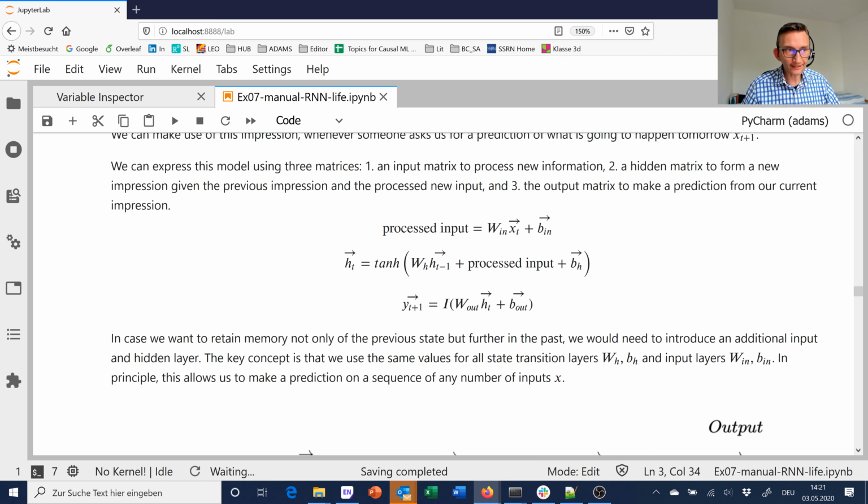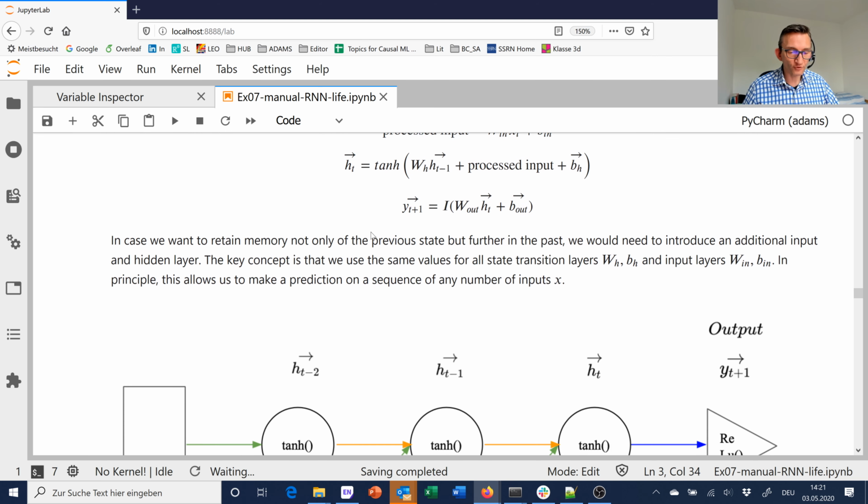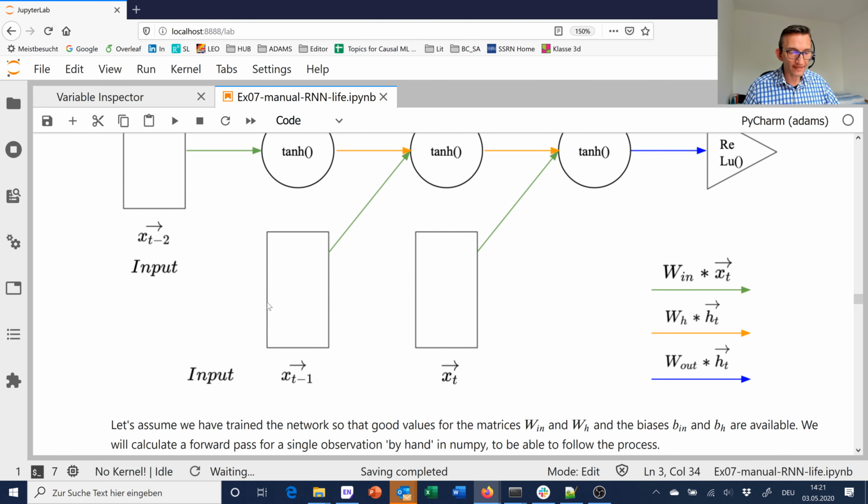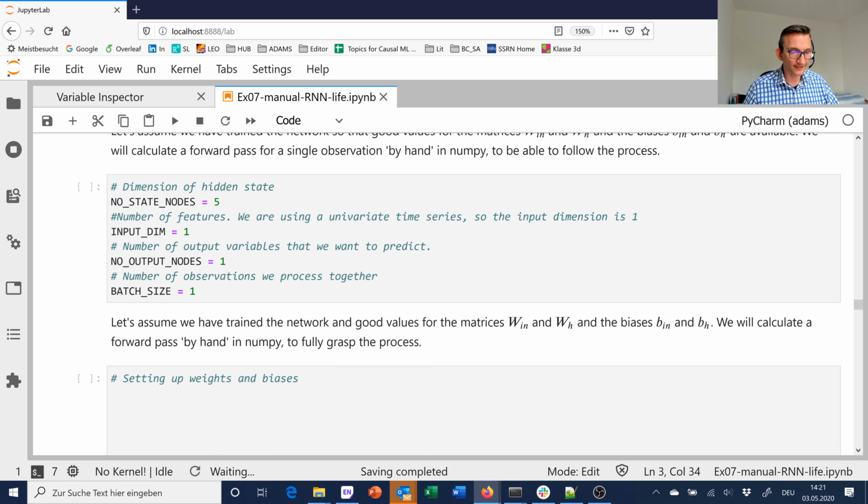And whenever we like, we can pull out a forecast from the current hidden state H2 using the weight matrix W out and adding a bias. And of course, all these weights need to be trained. We won't do the training. We will just randomly initialize them and look at the computations. That's the idea. Okay, some more explanations here, but let's rather try to write some code.